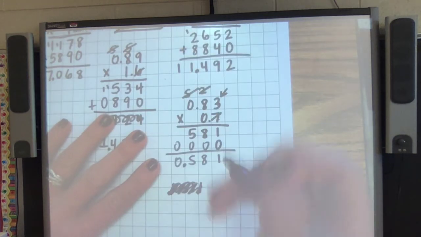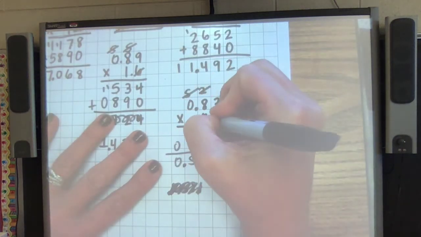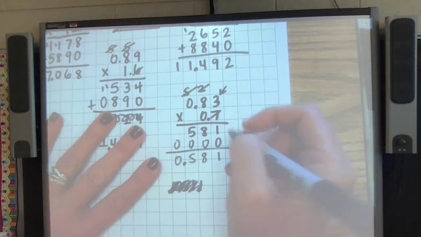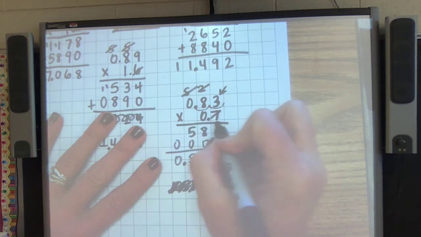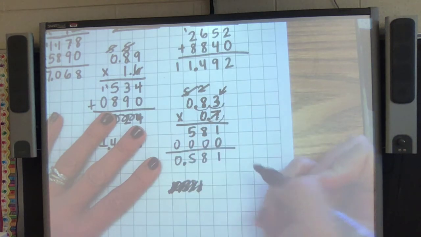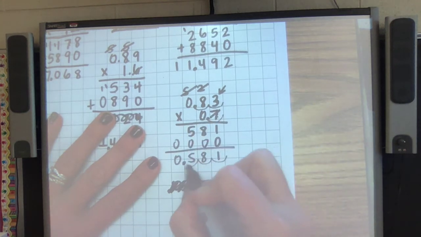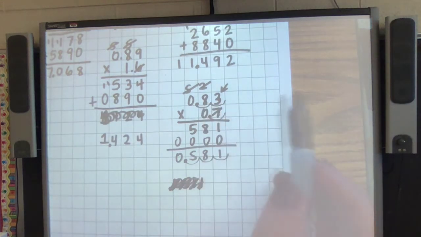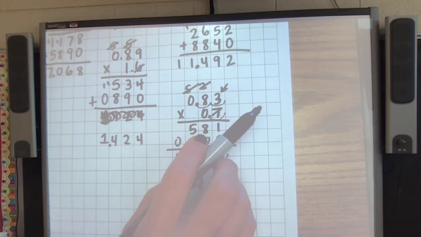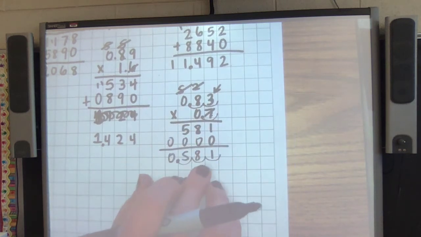I'll also tell you, wherever you have a decimal, we talked about this a little last week, you can jump out. This one jumps 1, 2, 3 times. You can also use that strategy, but I definitely want you guys to realize why we're putting it there, what makes the most sense.